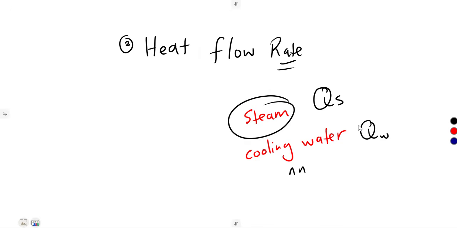So what is going to happen is that when you are trying to cool this steam, you are reducing its heat. Meaning to say the steam will lose heat. It will emit heat. So from the steam, the heat is being lost. Whereas the water, as it entered with a lesser temperature, is coming out with a higher temperature.